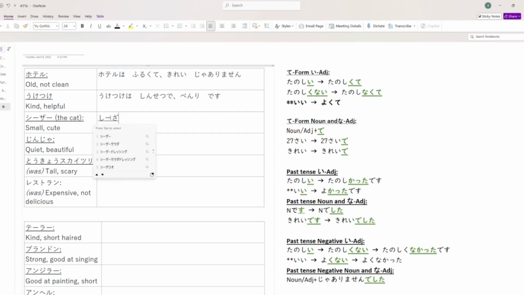Wa, hai. And is chiisai what we would want to go with here? Okay, chiisai, and then we need to turn that into te form.